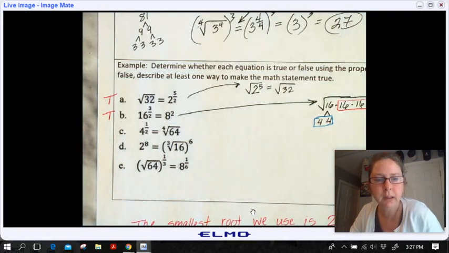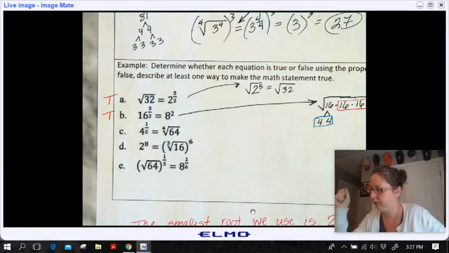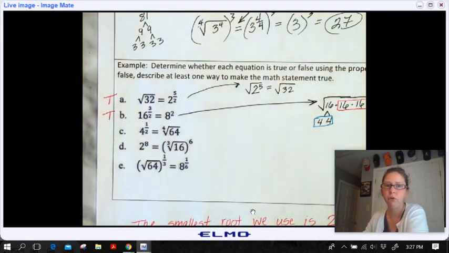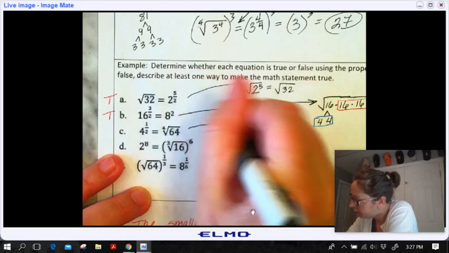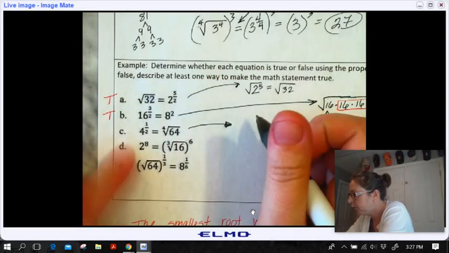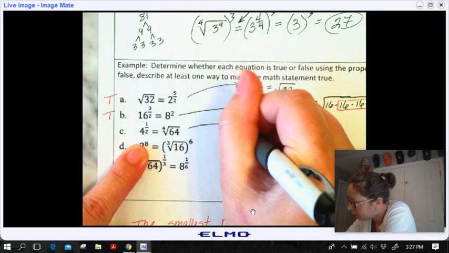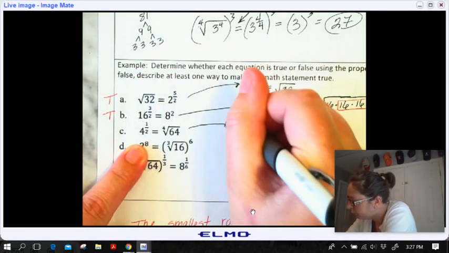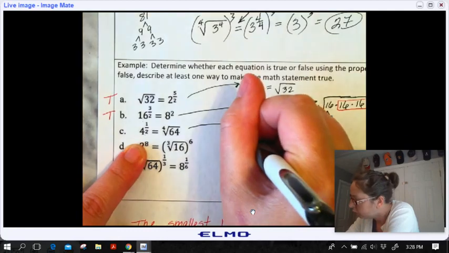Okay, let's look at C. Let's see if we can figure out if C is true or false. So I'm going to put this one right here. The bottom's going to drop out, and I'm going to have the square root of 4 to the first power, which is the same as 2.